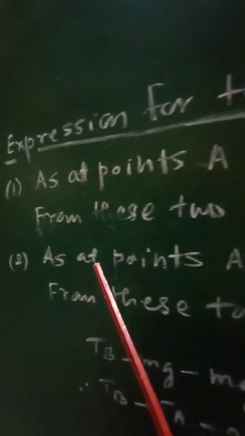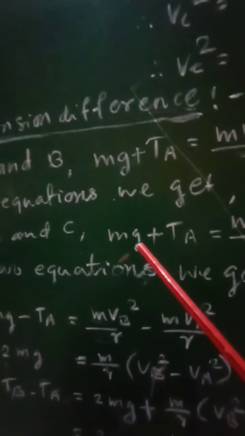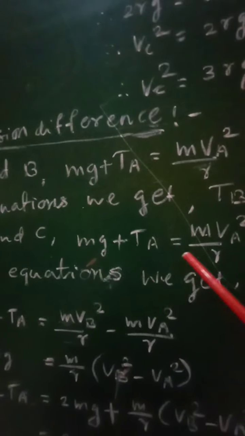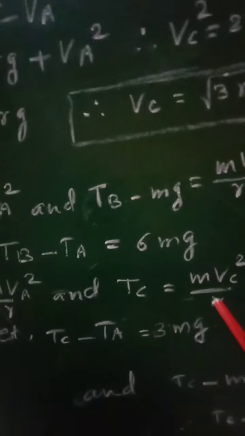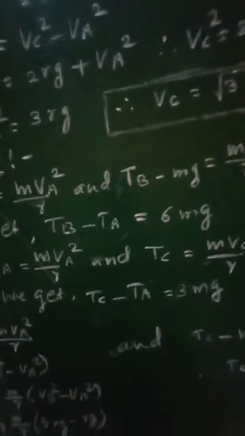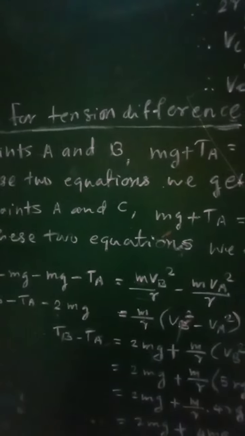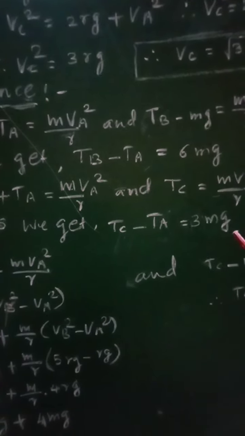Similarly, for points A and C, mg plus TA equals m Va square upon r, and TC equals m Vc square upon r. Again taking the subtraction of these two equations, we get TC minus TA equal to 3 mg.